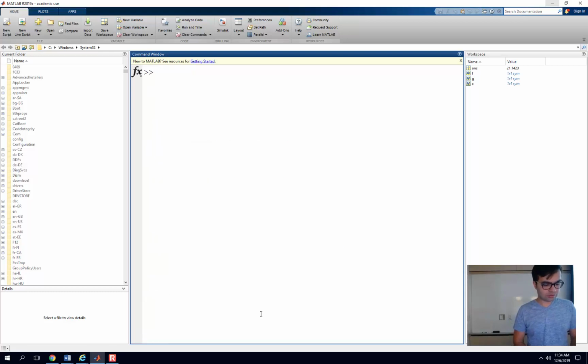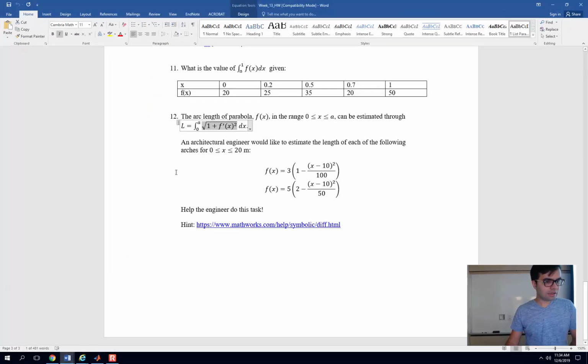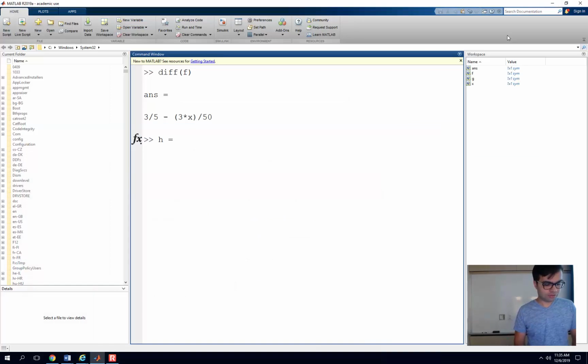For the numerical solution, differential of f again, because I need that function. I define this function as h now, and I define it as a function of xx. That's square root of 1 plus f prime.